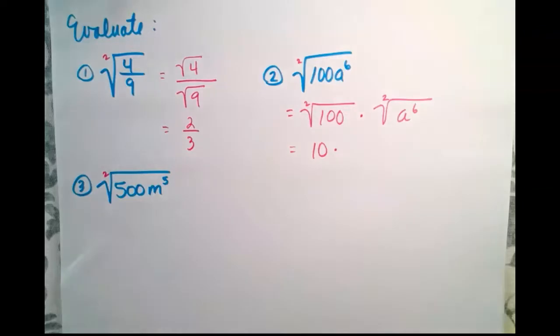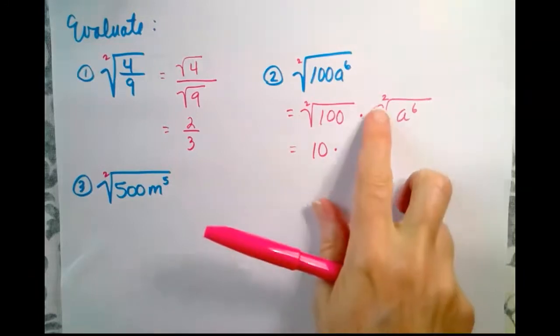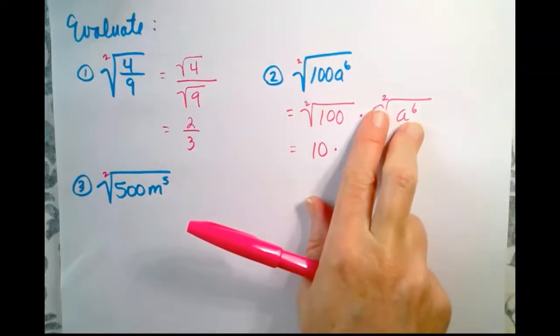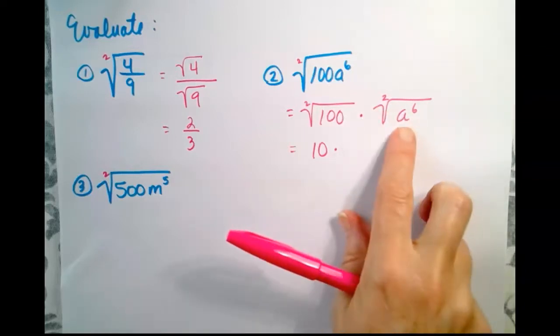Now, let's look at the variable expression. And honestly, the variables are the easiest parts of radicals because if we understand that a radical is a very specialized form of division, all we have to do is divide the exponents. That's it. The base remains the same.